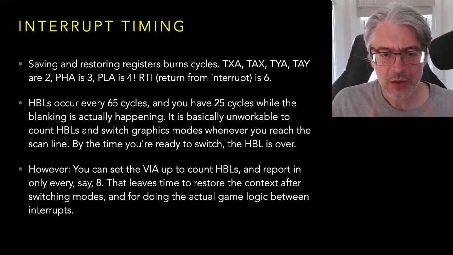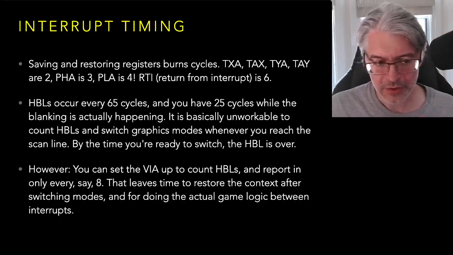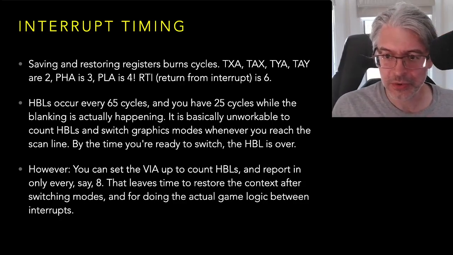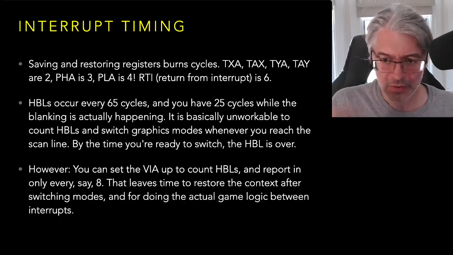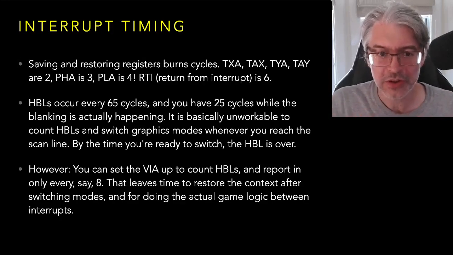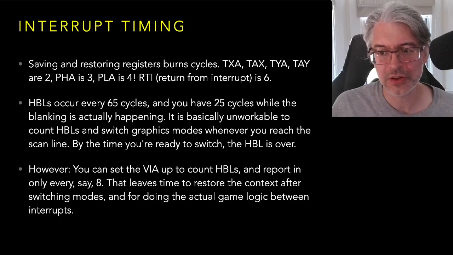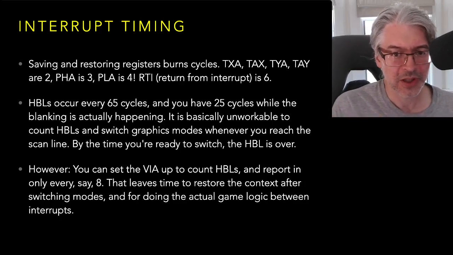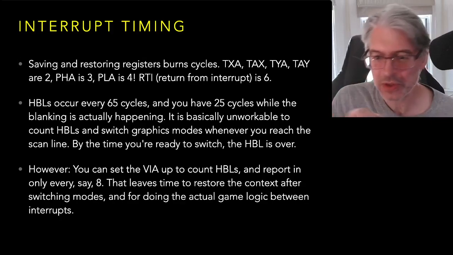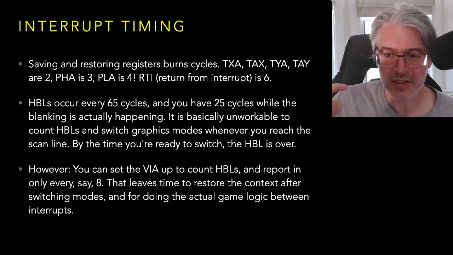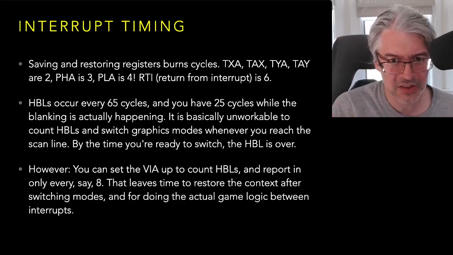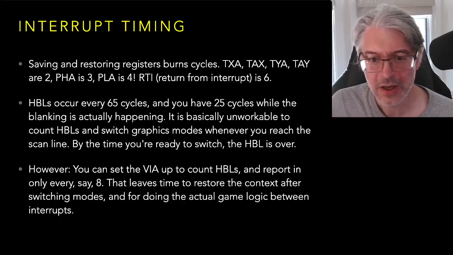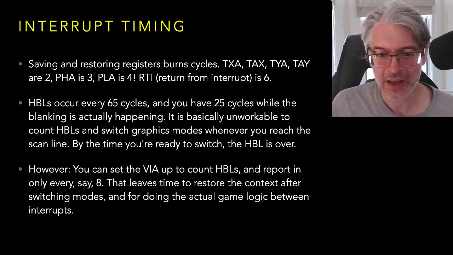So what you can do, though, is that the VIA actually can be set up to trigger not on every horizontal blanking, but count a certain number of them and then trigger. So you can say, give me an interrupt every 8 horizontal blankings, and that will leave you time to restore the context after switching modes, and still leave time to actually run the game when the interrupt is not being handled.